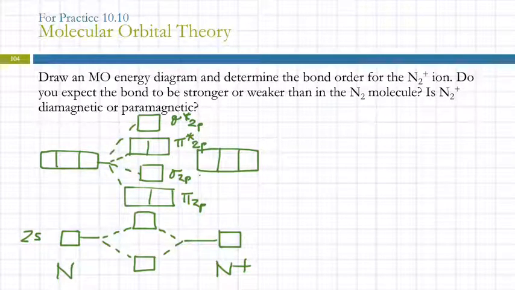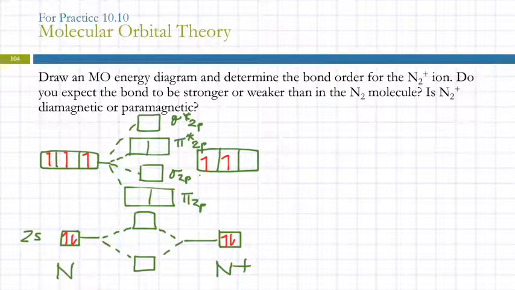So nitrogen has 5 valence electrons. 1, 2, 3, 4, 5. Over here, this nitrogen ion has 4. 1, 2, 3, 4. So we have a total of 9 electrons.